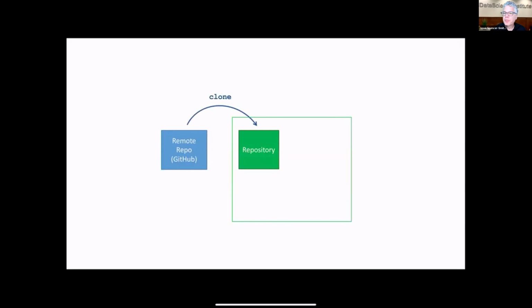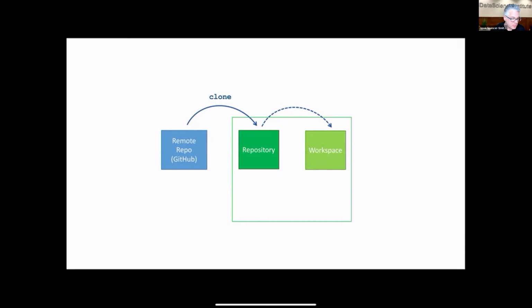That's called clone. So you start with a remote repository, and then you can make a clone, and we're going to cover exactly how to do this. And that will create a repository, and at the same time, it will reinstate those files. It will replay, and so it can create all the files that were part of that remote repo.